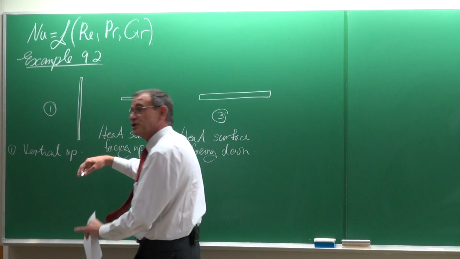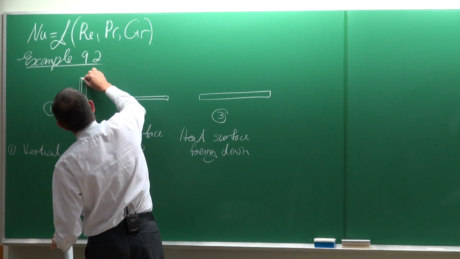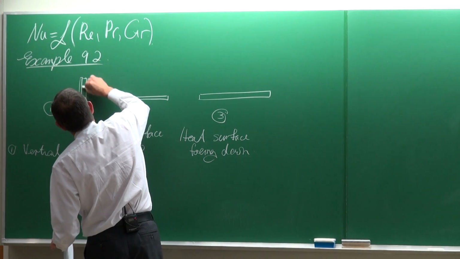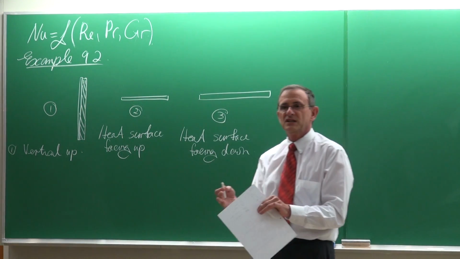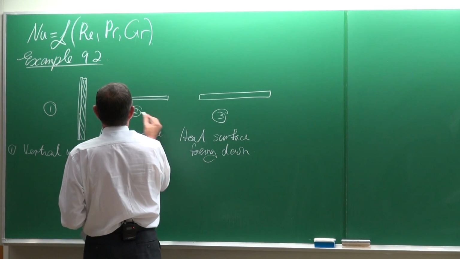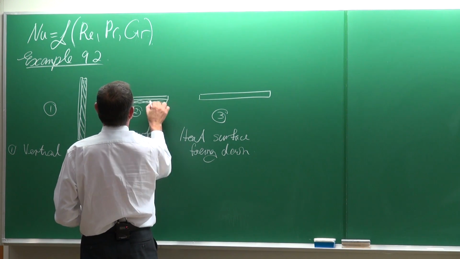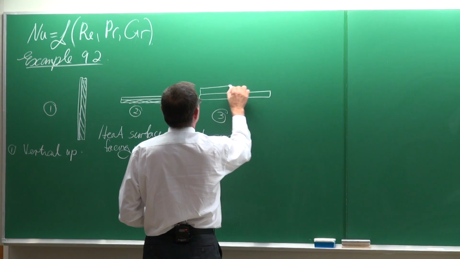So, just to clarify it, let's select one of the surfaces, maybe that one. There's the insulation material. So this surface is being heated, and in this case, let's put the insulation material here at the bottom, and in the third case, let's do it like that.